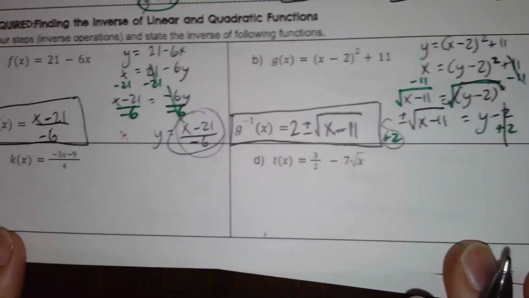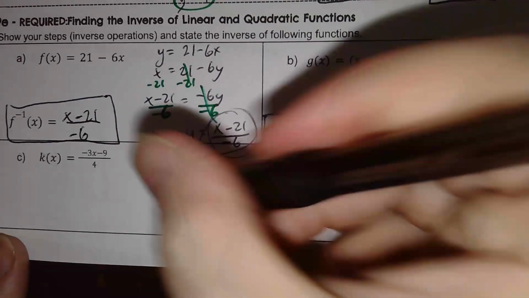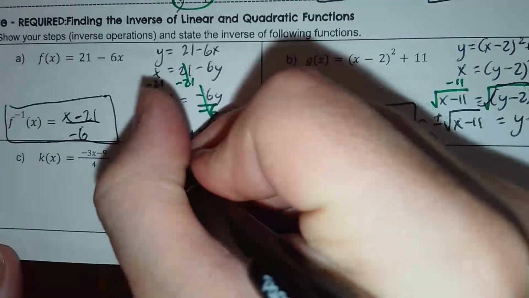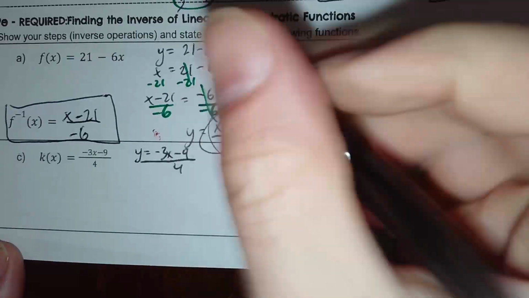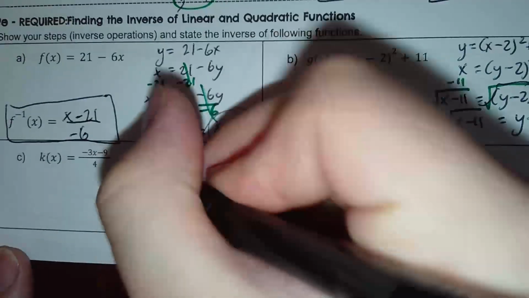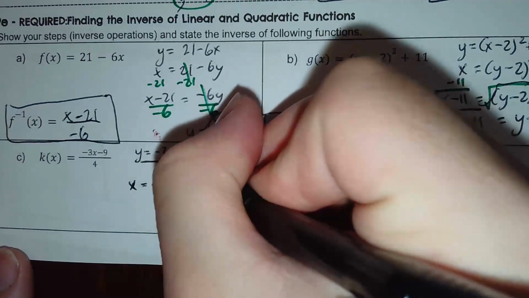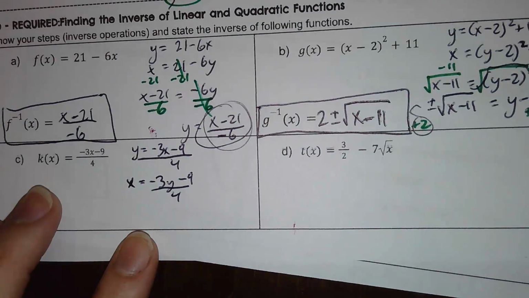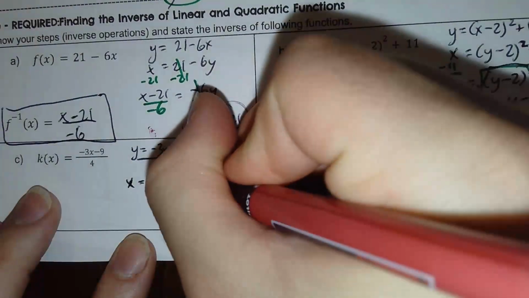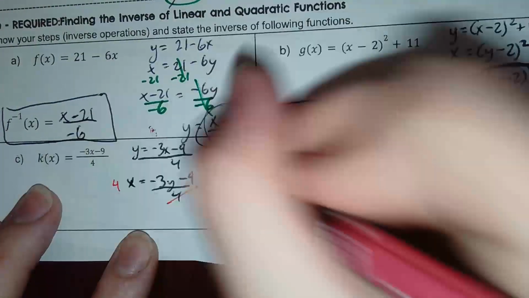Okay, next up is problem letter C. I'm going to do the same steps. Y equals -3x minus 9 over 4. Switching x and y, I'll get x equals -3y minus 9 over 4. Completing the inverse operations, I will multiply by 4 to get rid of the 4.